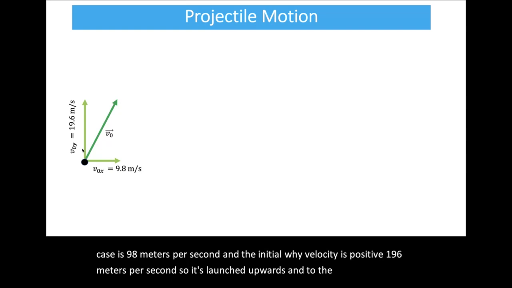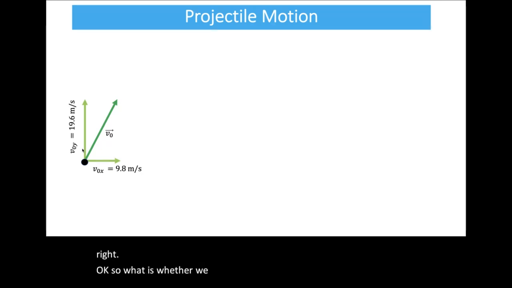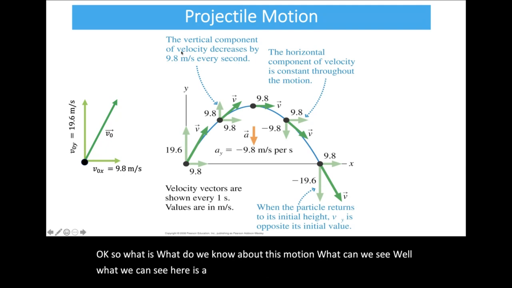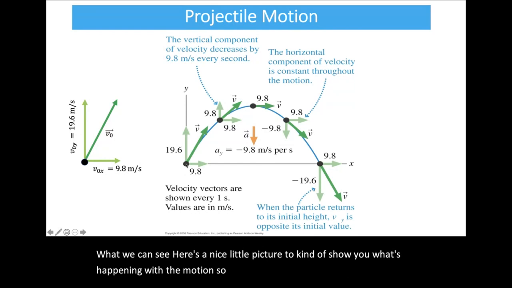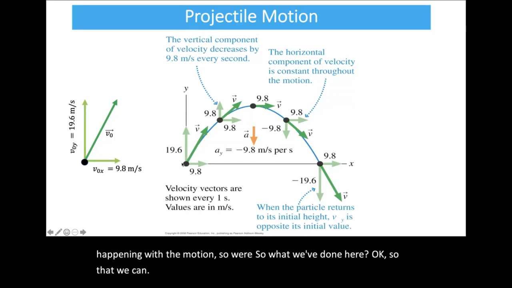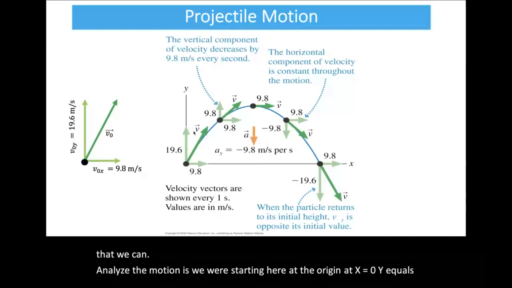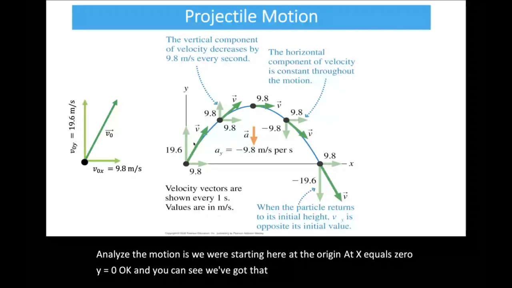So what do we know about this motion? Here's a nice little picture to show you what's happening. So that we can analyze the motion, we're starting here at the origin at x equals 0, y equals 0, and you can see we've got that initial velocity vector there.